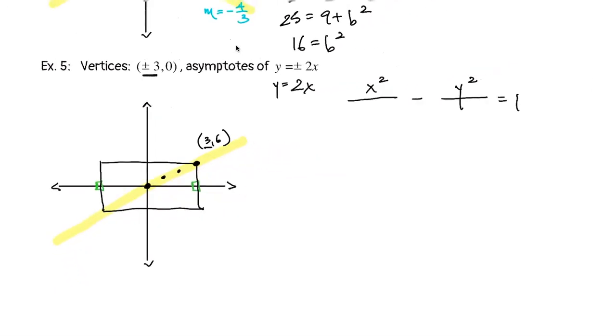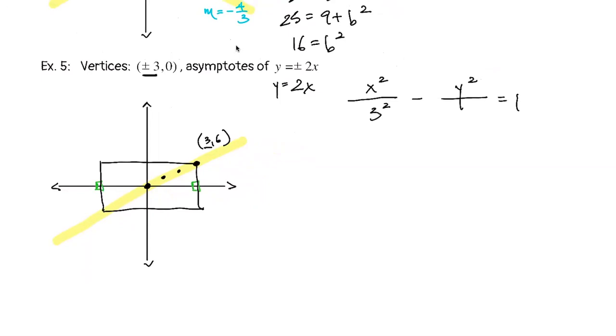And so what we've done here is we've determined that corner, which helps us figure out the number that goes underneath y. So the number underneath x is 3 squared. And we knew that from the beginning because that's where the vertices were.